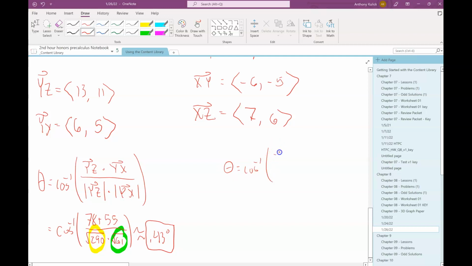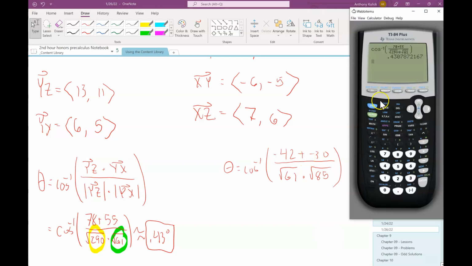So we have negative 6 times 7 plus negative 5 times 6 over the magnitude of XY, which is still the same as the magnitude of YX, so I already have that. And then I have 7 squared plus 6 squared, so 49 plus 36 is 85. I think that'll do it.